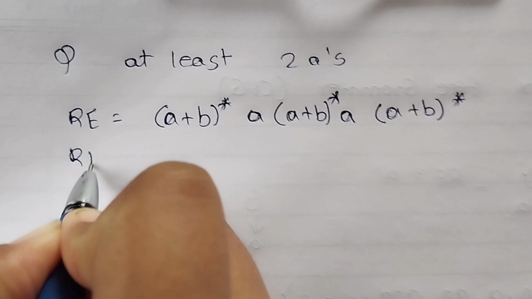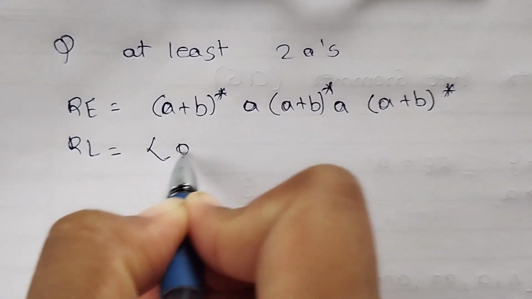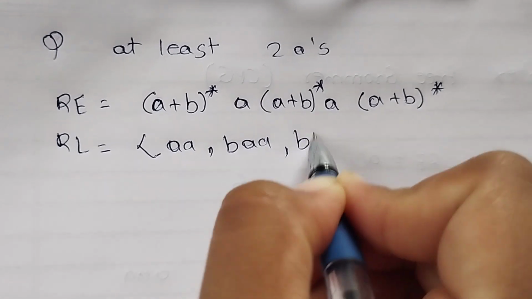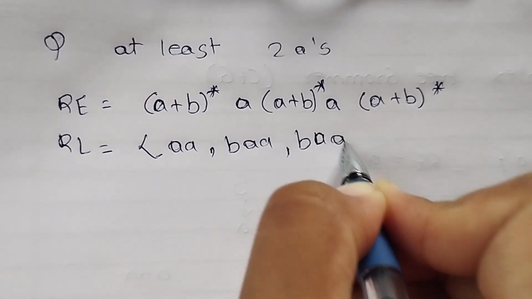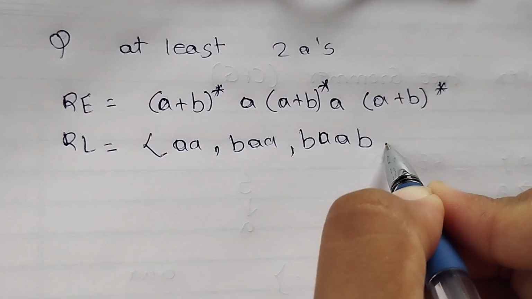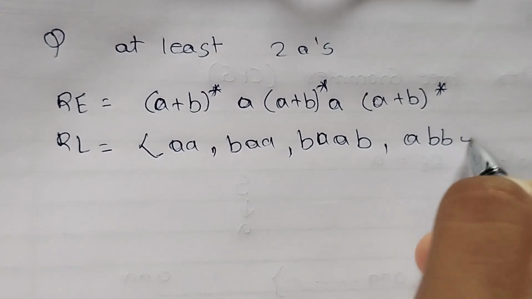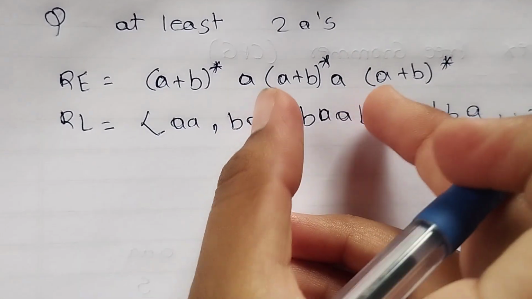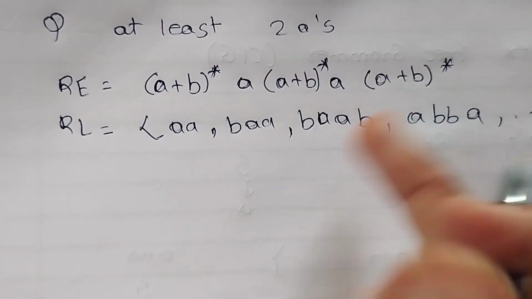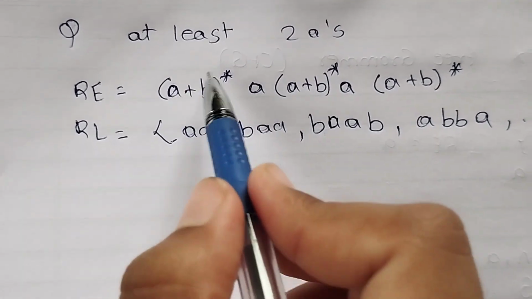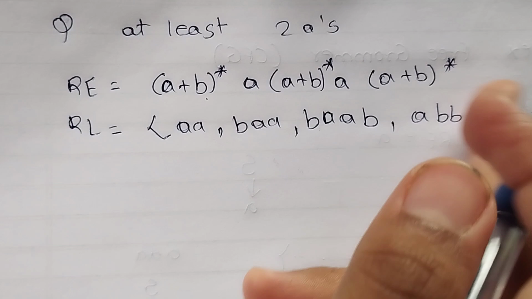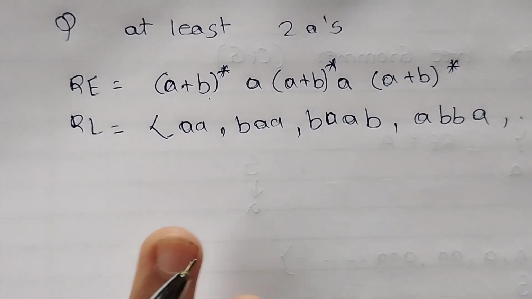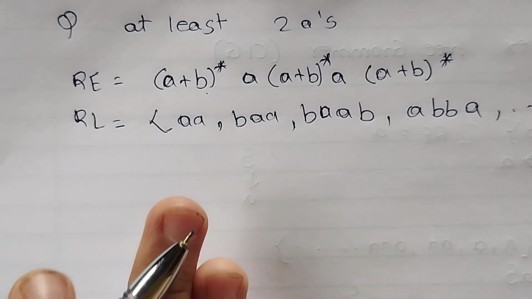So for example, in the regular language we write simply AA, then BAA, BAAB, or ABBA, n number of. So for AA only, that time all these are null. Then for BAA, that time only B is present and the remaining are all null, and these 2A are compulsory. So I hope all you get the idea about this at least 2A.